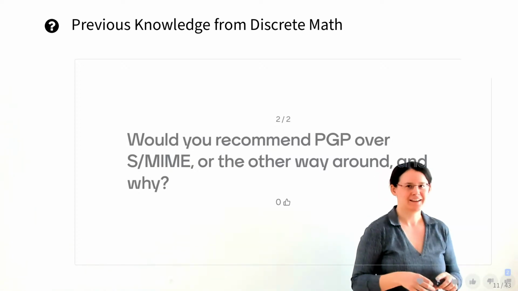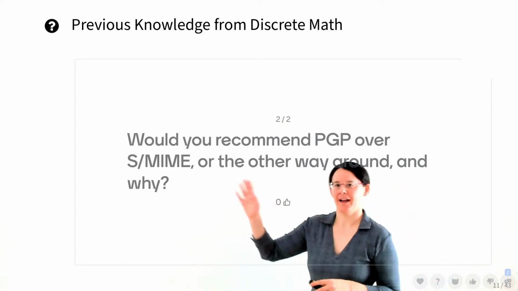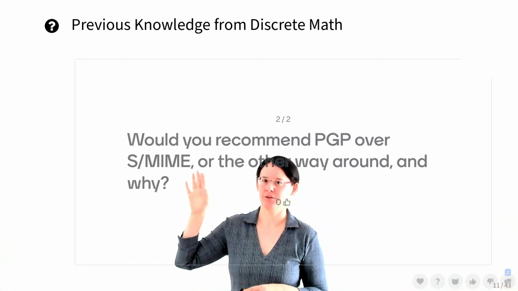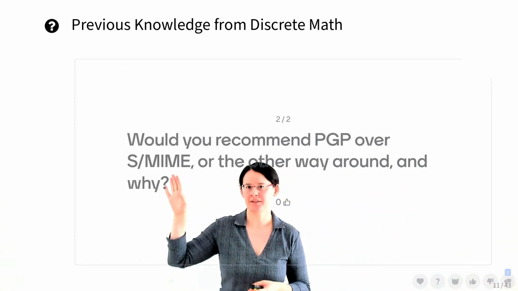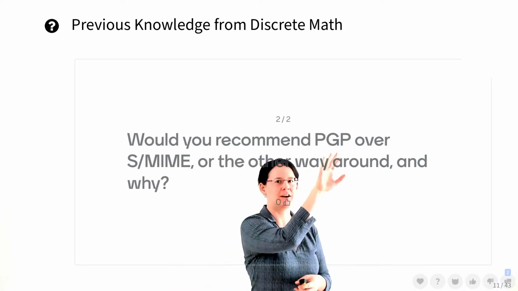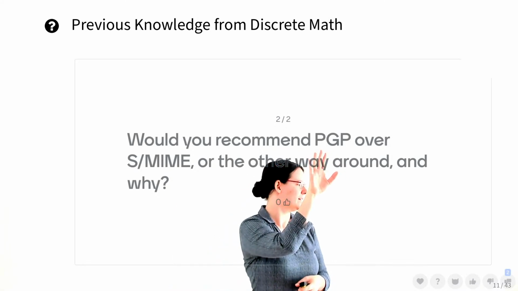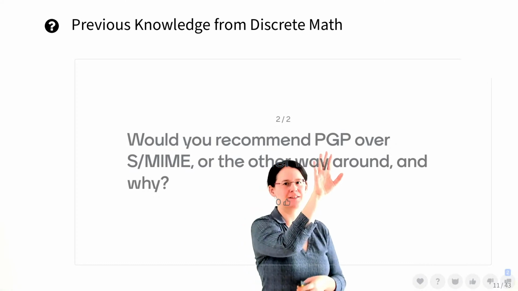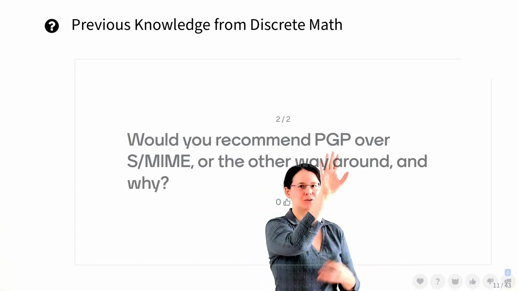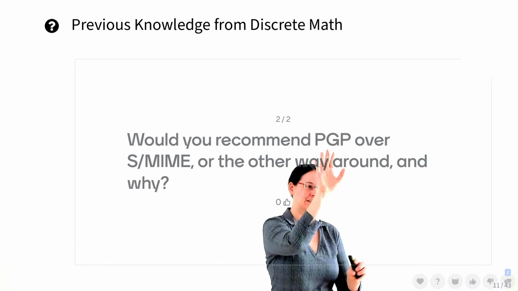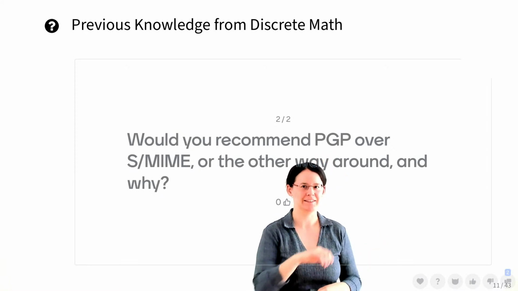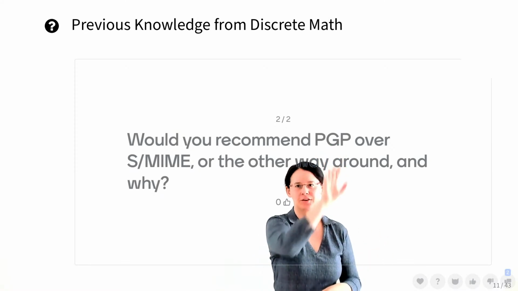That's a bit of my issue with it. S/MIME uses a different system, so it doesn't have this peer-based trust. From this area, you might know the keyword of key signing parties. That's where you meet up, you show each other your ID cards and say, this is my key, and then you all sign each other's keys to get some trust to get started with.